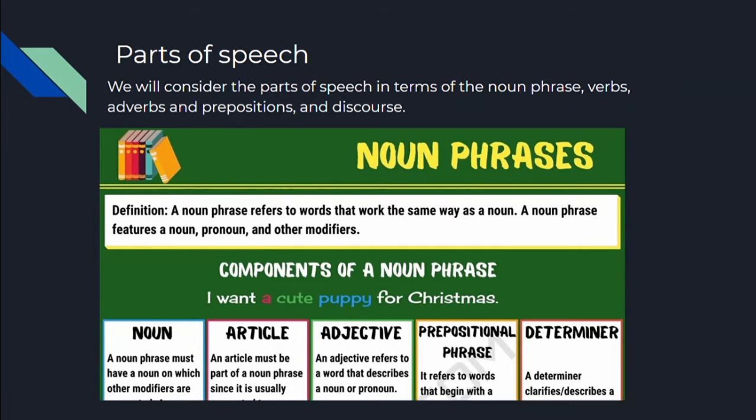The next one is "cute," which works as an adjective and refers to a word that describes a noun or a pronoun, in this case the noun, "puppy." Also, like any noun, a noun phrase can function as a subject, an object, or a complement within a sentence.